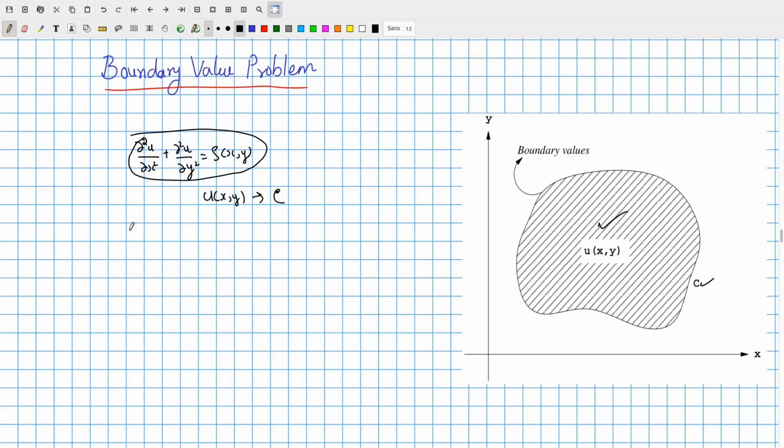The first and foremost thing is to discretize the variable u in terms of x and y.